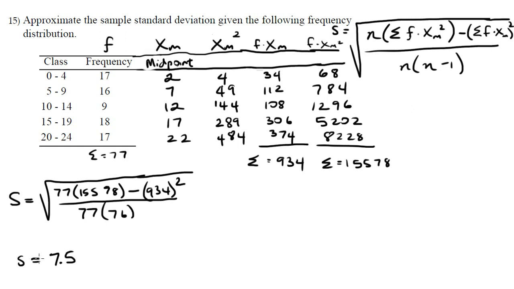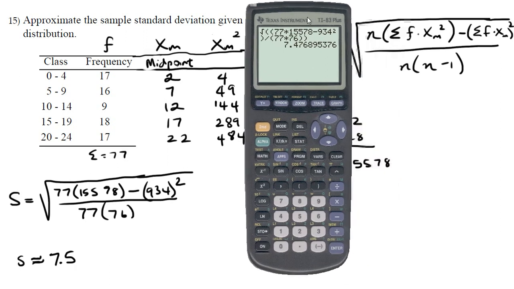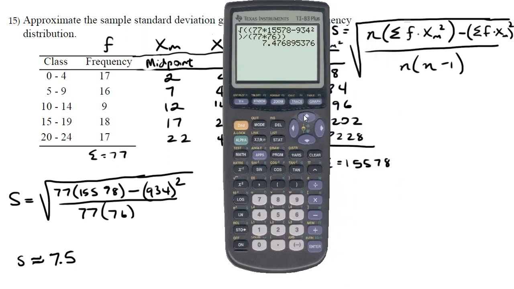All right, so that's approximately 7.5. So let's put this in the calculator here and see if we get the same values. Let's clear the lists. Okay, stat, edit.